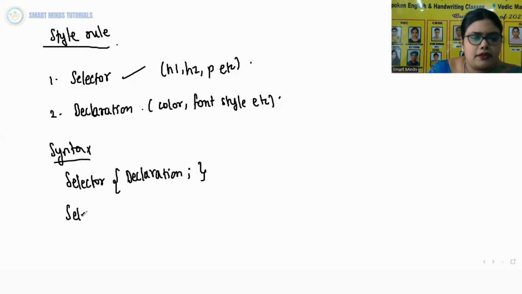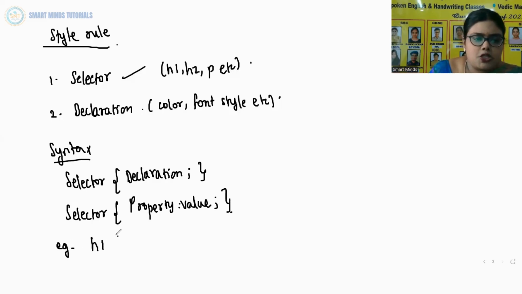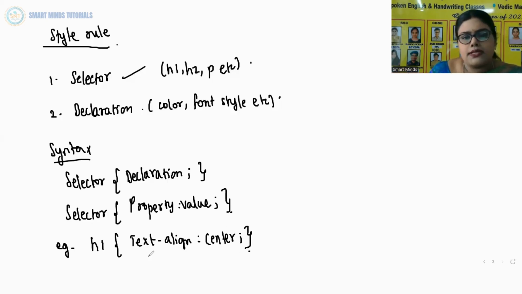That is, selector, property, colon, value, followed by semicolon. Let's take an example. H1, property is text-align, colon, value is center. This is the example.